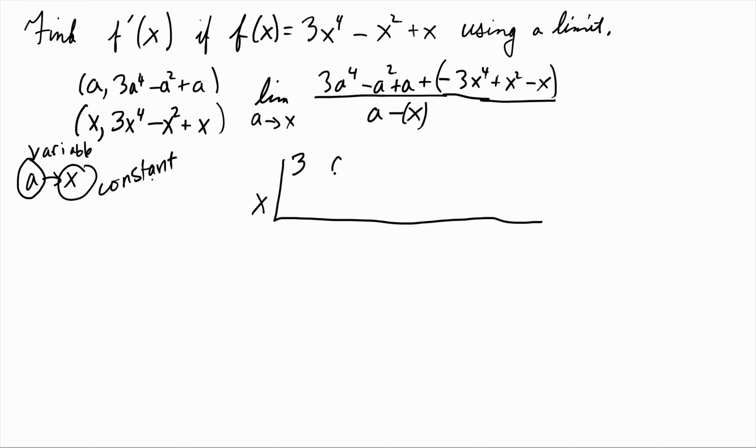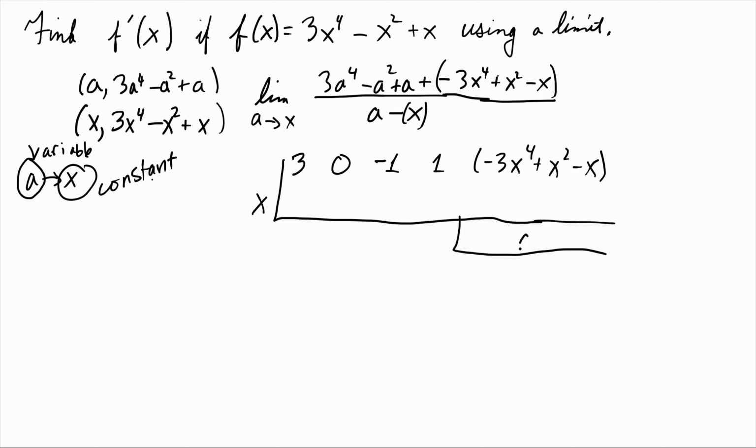A cubed, that's 0. A squared, it's negative 1. A, it's 1. And the constant term, I'll just put it here so you can see it, though we won't even need it. Then the remainder slot, because really, this should be 0 in the end, and we're only interested in what happens right here.